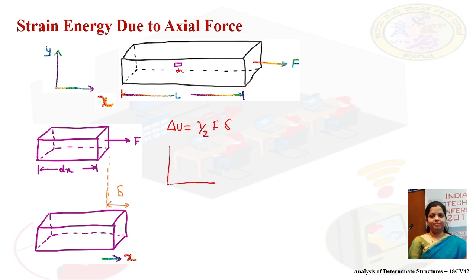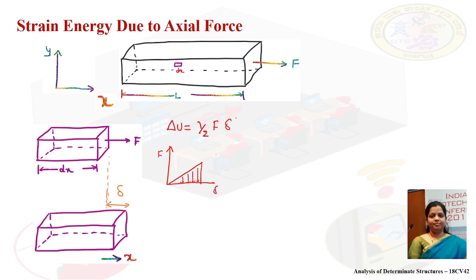We know that due to the applied force F, there is a deformation in the element, delta. There will be energy stored in the form of a triangular portion. This will be the stored strain energy. Since it is a triangular portion, we can call it half into F into delta.